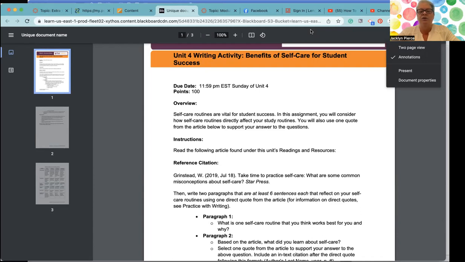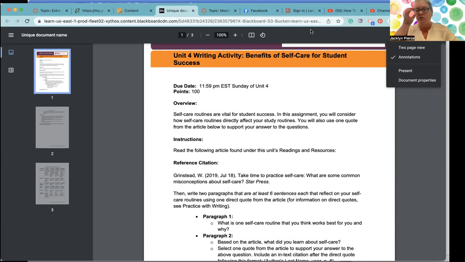You will also use one quote from the article to support your answer to the questions. So even in the overview, there's one requirement there that should stand out to you, and that is that there is going to be an article that you have to pull a direct quote from. This is an article that is supplied to you in the readings and resources for this week.